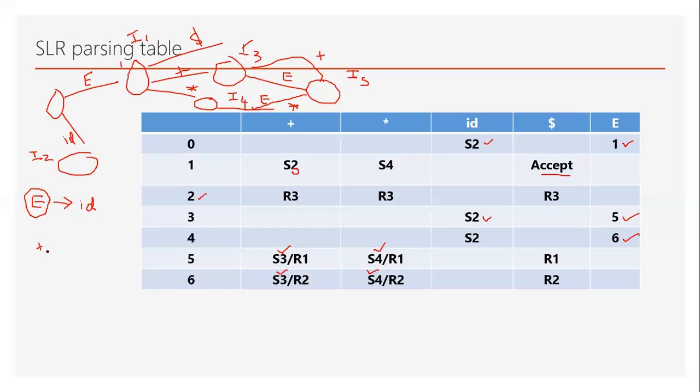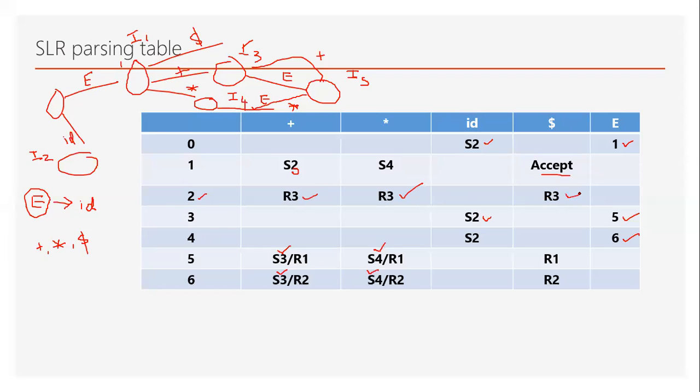Okay, and you know E derives ID means it is rule number 3. E plus E is first rule, E star E is second rule, E derives ID is third rule. Okay, so rule number 3 on plus, on star, and on dollar on the I2 state, you have to write. Okay, that you have written.